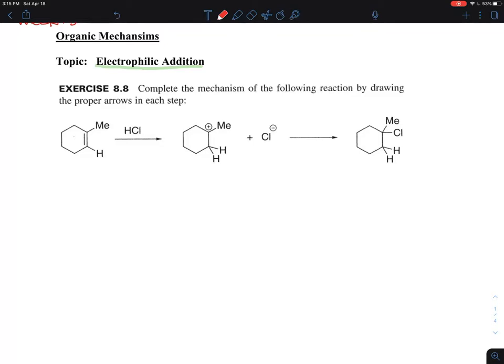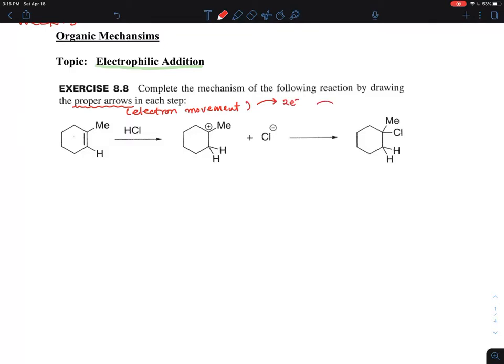So let's talk about the chemical reaction, and I would like to see the proper arrow, which essentially means electron movement. Typically when you use this arrow, that means you are moving two electrons.